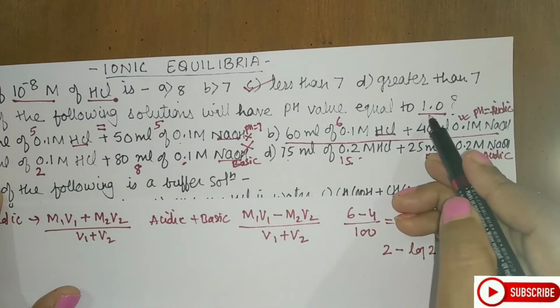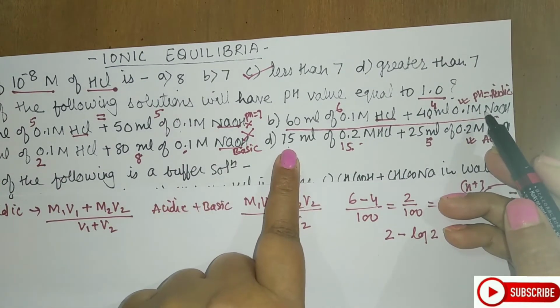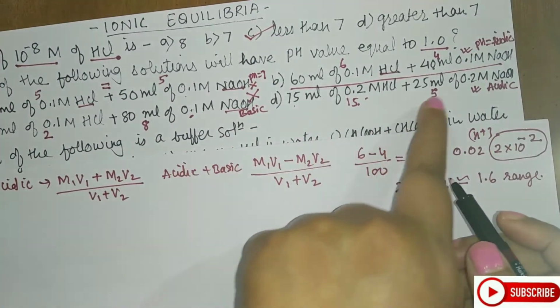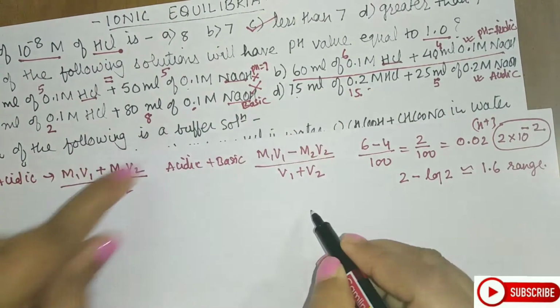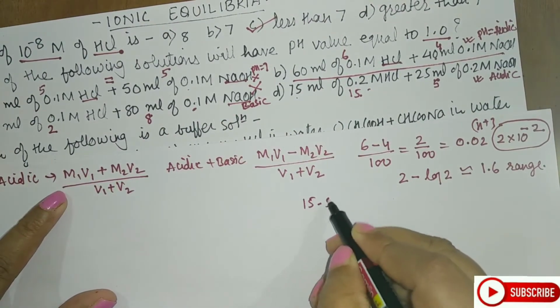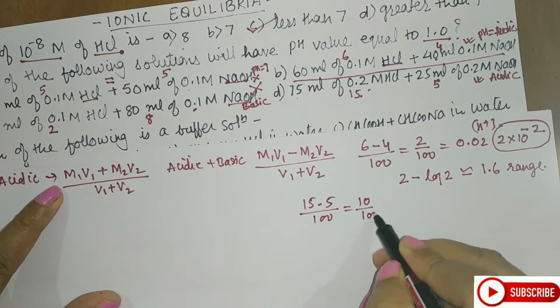They are asking for pH 1. So this may not be the answer. So come to the fourth option, that is 75 and 25 ml. So here the difference will be 15 minus 5. So 15 minus 5 divided by 100. So this will come to 10 by 100.